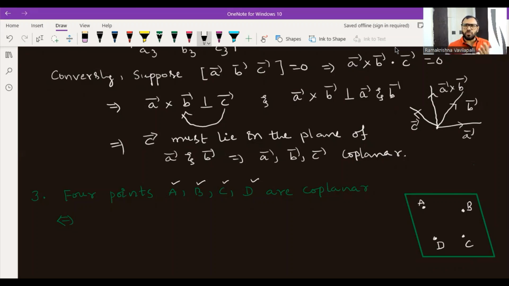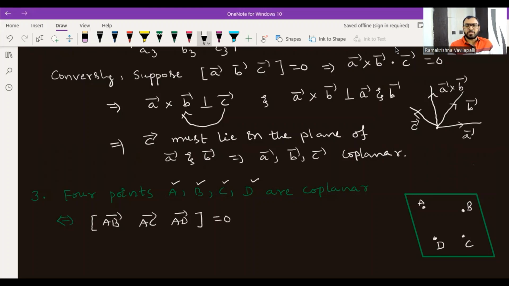You can take 4 points on a wall. So they are coplanar if and only if box of AB bar, AC bar and AD bar equal to 0.